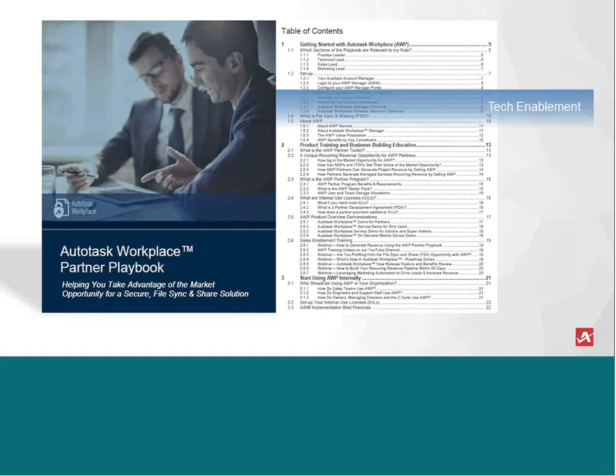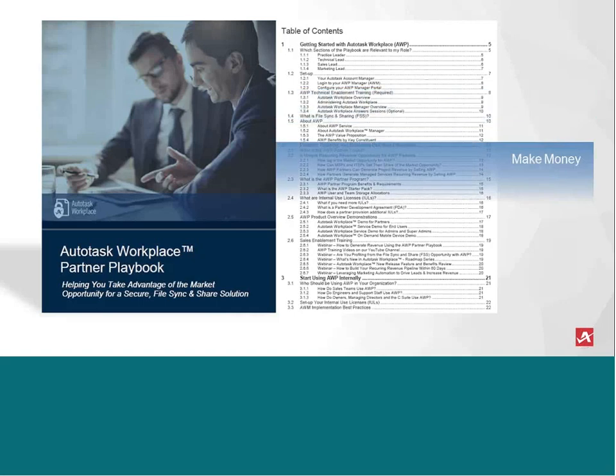They're available via webinar. And you can sign up for those either right here in the playbook, we provide the link, section 1.3, or within the Autotask Workplace Manager login page, there's a tile there that directs you right to training registration. I encourage you to take a look.